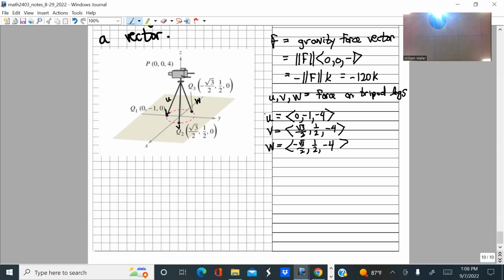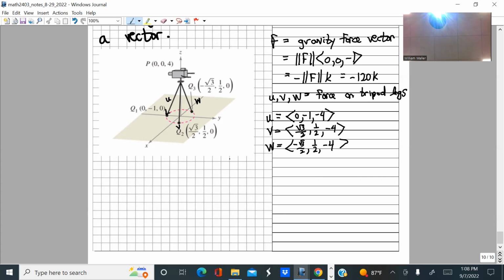The resultant vector, which is the sum of these three vectors, has to match the gravitational force on that camera, which we know is correctly represented by this vector. So this vector we're certain is correct, but this one, not sure of.